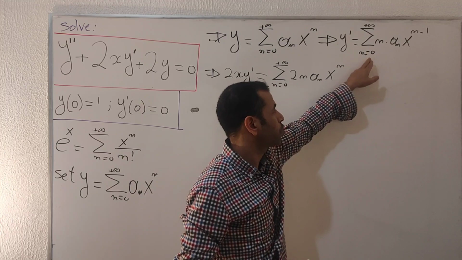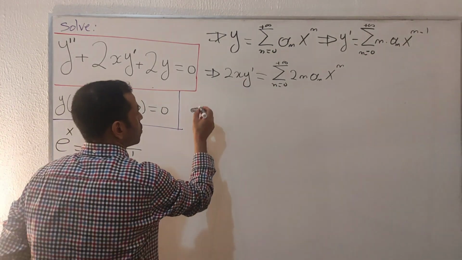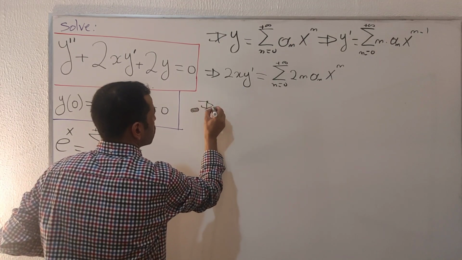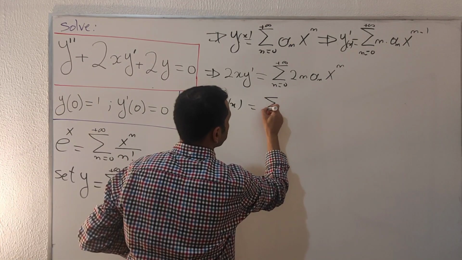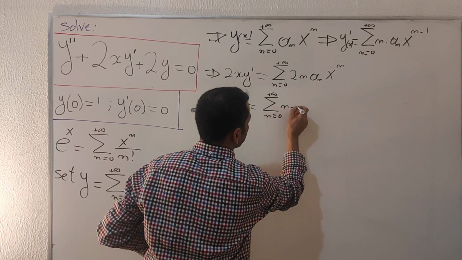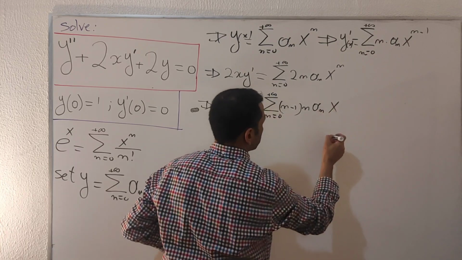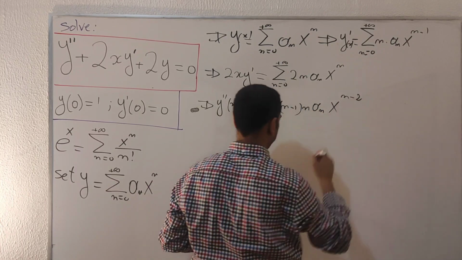I'm going to pick up this one and differentiate it one more time to have the second derivative. So we'll have the sum as n goes from 0 to plus infinity of n minus 1 multiplied by n multiplied by e sub n multiplied by x to the n minus 2.